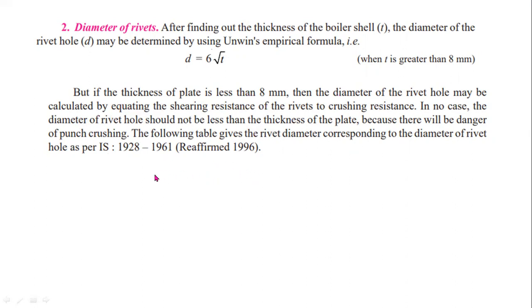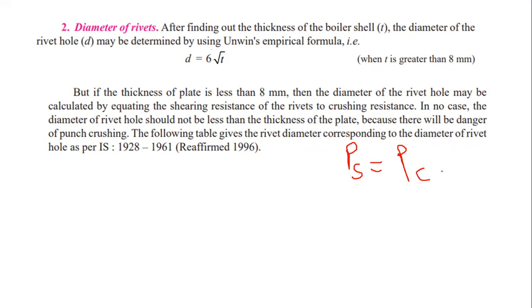You equate the shearing resistance of the rivets to the crushing resistance of the plate. PS equals PC, shearing strength equals crushing strength.